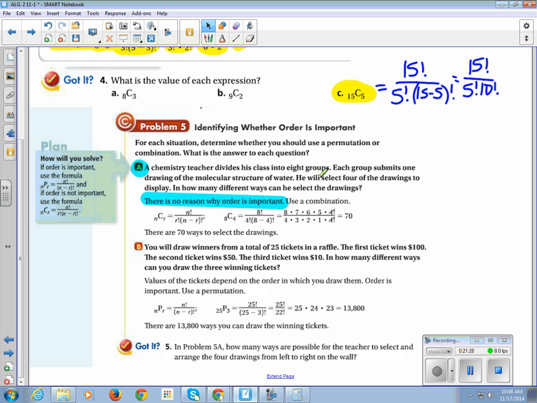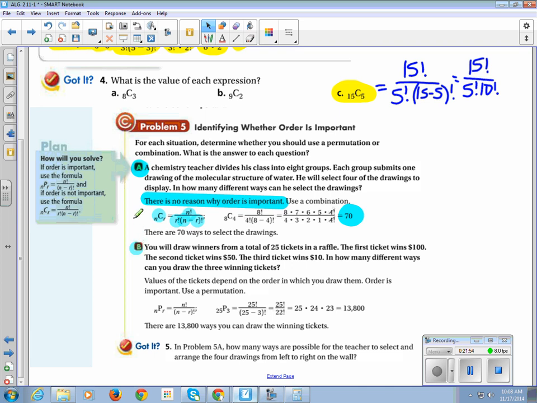It doesn't say that he's going to put them in a certain particular order on display. He just says he's going to pick 4 out of the 8 groups. So we use combination. N is 8, R is 4, and when we do the math on it, we get 70. There are 70 ways to select the drawings.